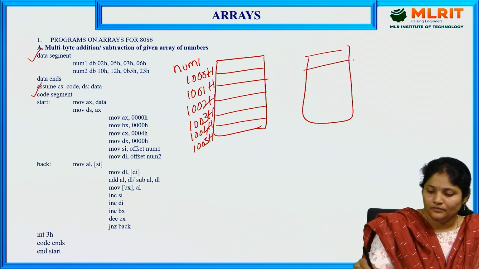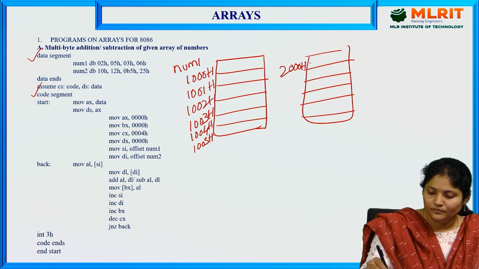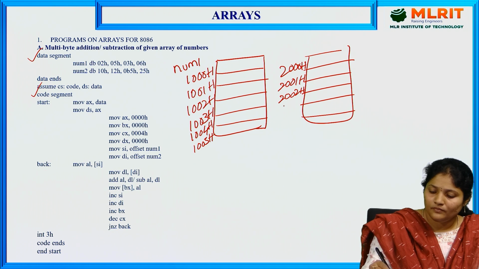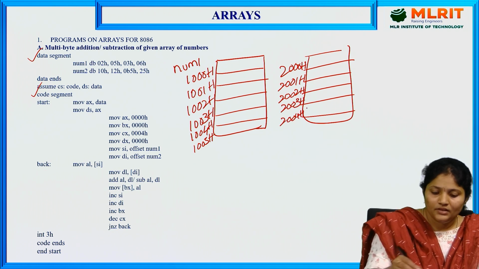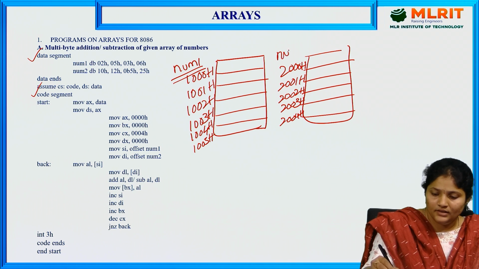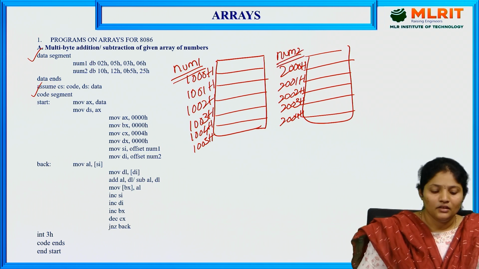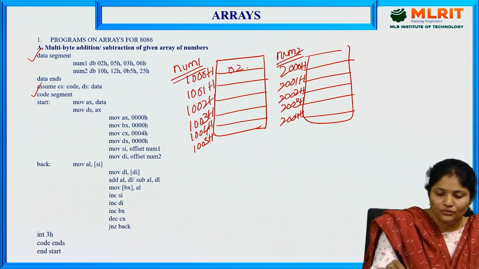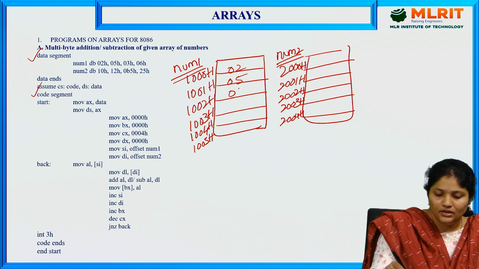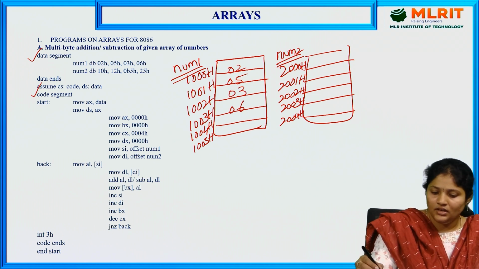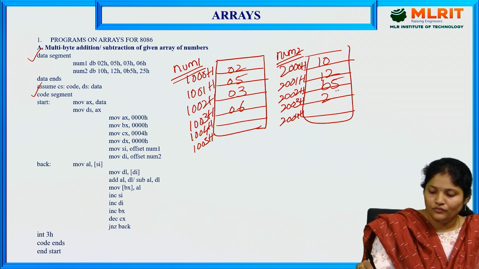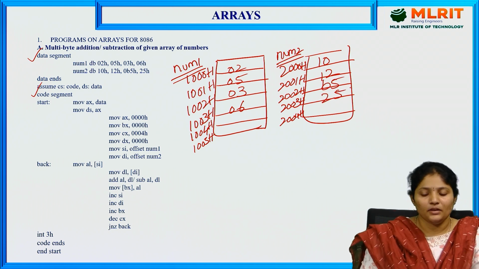This is the offset value. This is the number 1 array, this is the number 2 array. So here 02, 05, 03 and 06H. Here 10, 12, B5, 25 is the data present in these memory locations.